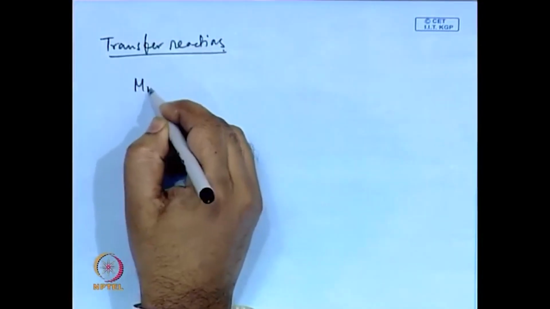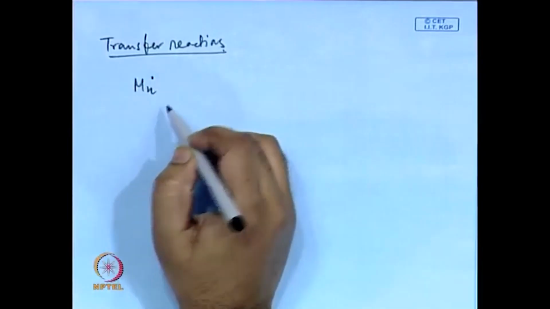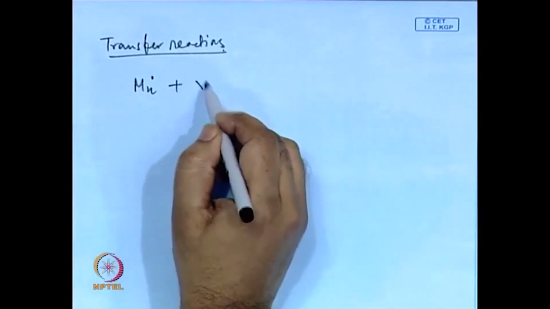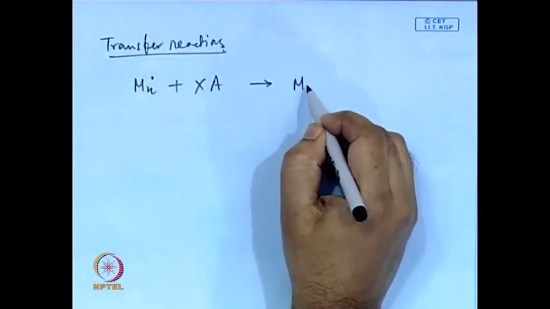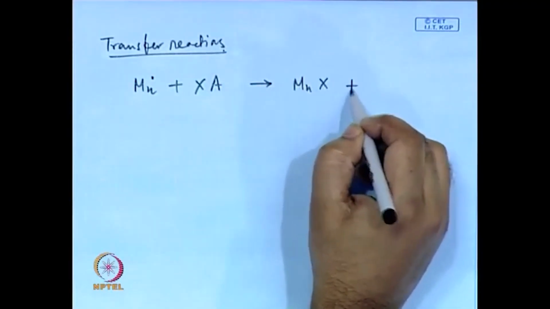So, if I have a propagating radical Mn dot, it can react with a third molecule XA and form MnX plus A dot.